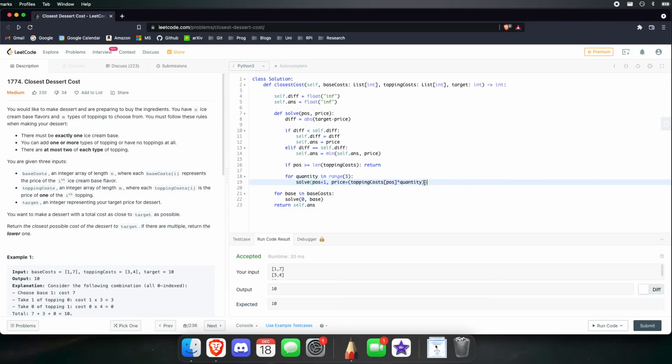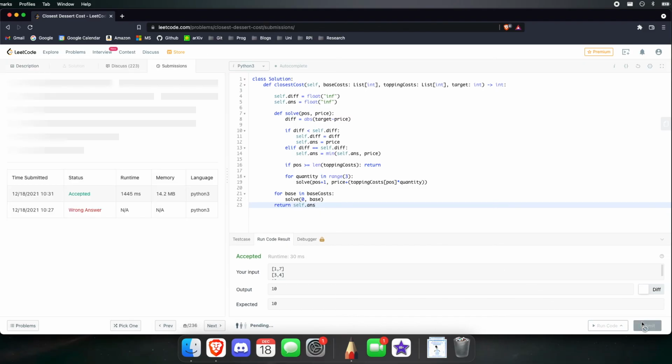And for every quantity, we want to multiply it, because we're basically saying that for a topping that costs this much, we want to buy this quantity amount of it. And as you can see, from just those 3 sentences, we have our whole code base already written out for us. And it told us exactly what we're supposed to do.